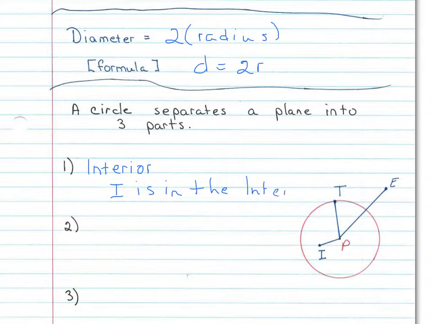We have the exterior of the circle. What point is in the exterior of the circle? E is in the exterior of the circle, or is exterior to the circle.